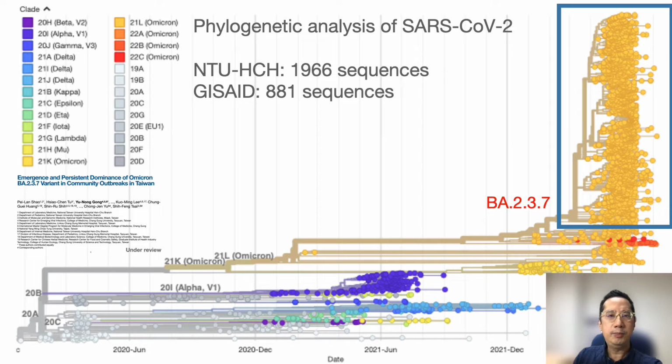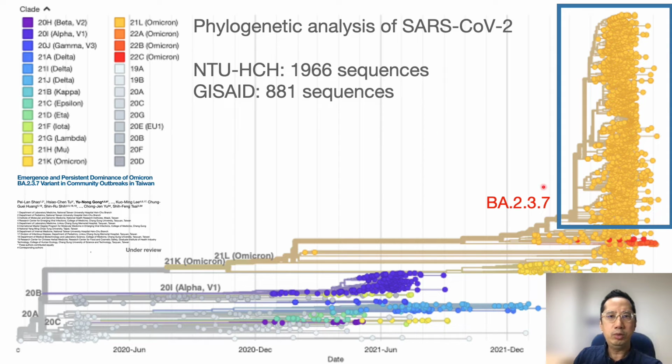In another study published by the National Taiwan University Hospital Hsinchu branch, in collaboration with Chang'an University, they sequenced 1,900 sequences, and they also downloaded about 900 sequences from GISAID, the public database.